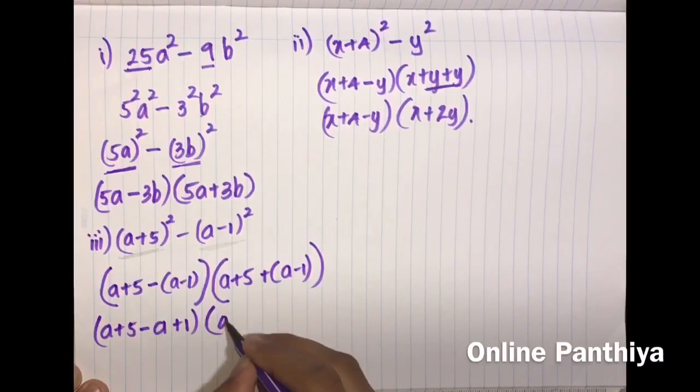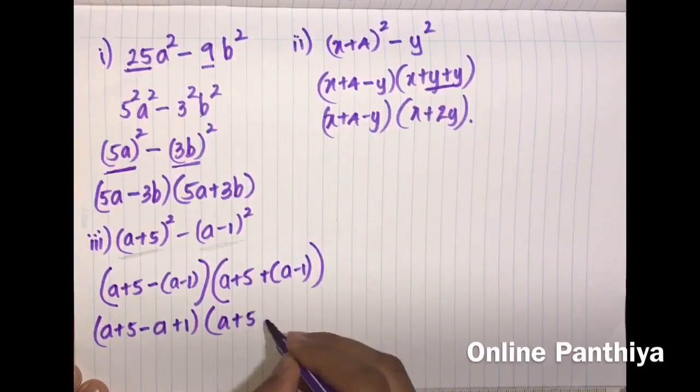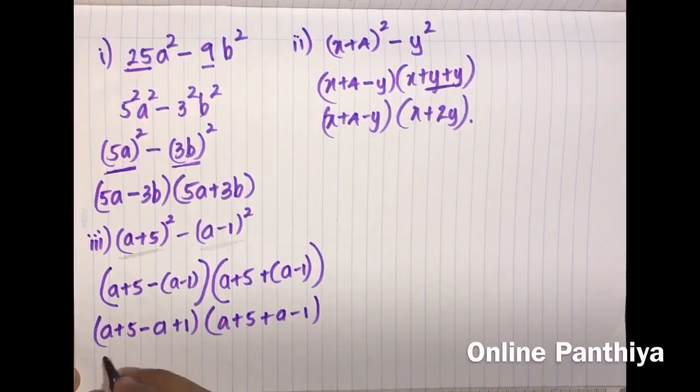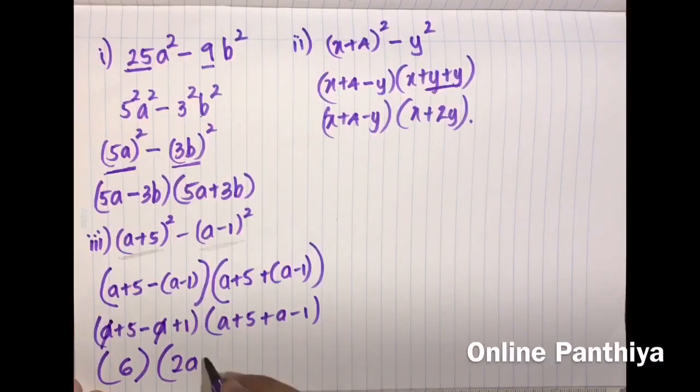Also here you have a plus 5, plus into a is plus a, plus into minus 1 is minus 1. Now let us solve. This will cancel off, and what is left? 5 plus 1 is equal to 6, and here a plus a is equal to 2a, 5 minus 1 is equal to plus 4. Okay, is that done?